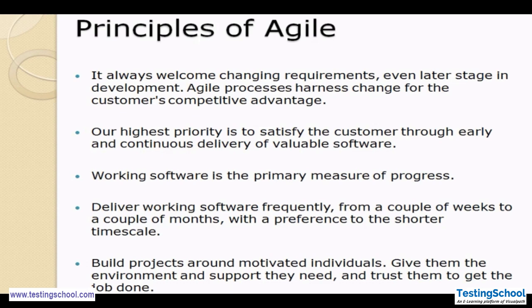So let's say in a current cycle our client asks to change some functionality or to update new functionality with the older one, then we should take that and implement that functionality in the current sprint only.